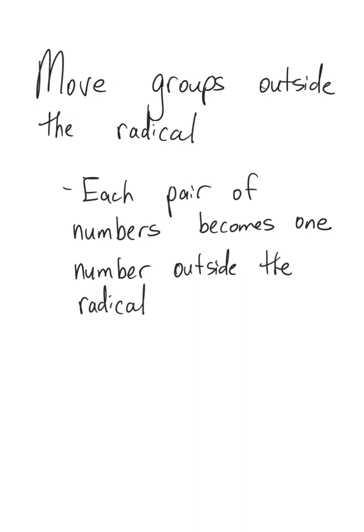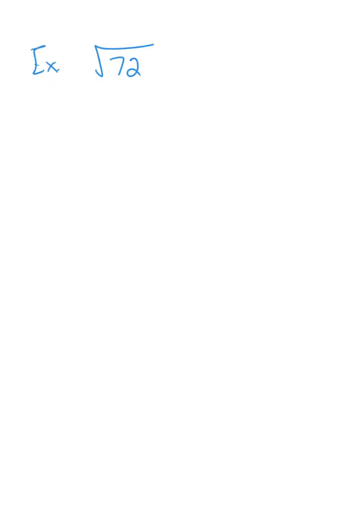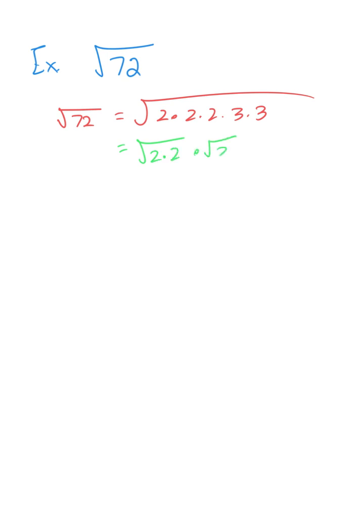So next, we want to move groups outside the radical. Each pair of numbers becomes one number outside the radical. So we're back to our example. We had the square root of 72 equals the square root of 2 times 2 times 2 times 3 times 3, which I broke down to the square root of 2 times 2, the square root of 2, and the square root of 3 times 3. Now we're going to pull things aside. The square root of 2 times 2 is equal to 2.